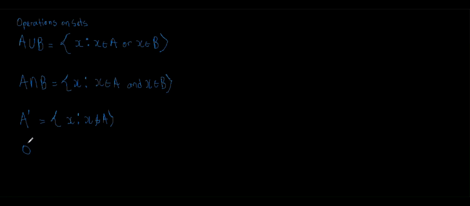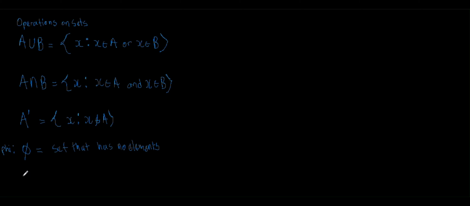We have the empty set, which is the set that has no elements. I think about this like the set equivalent of 0, like how 0 is like nothing. The empty set, phi, is like the set equivalent of 0.